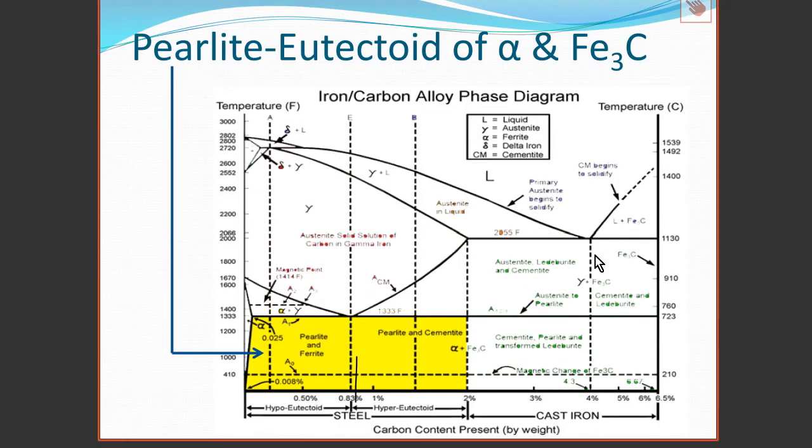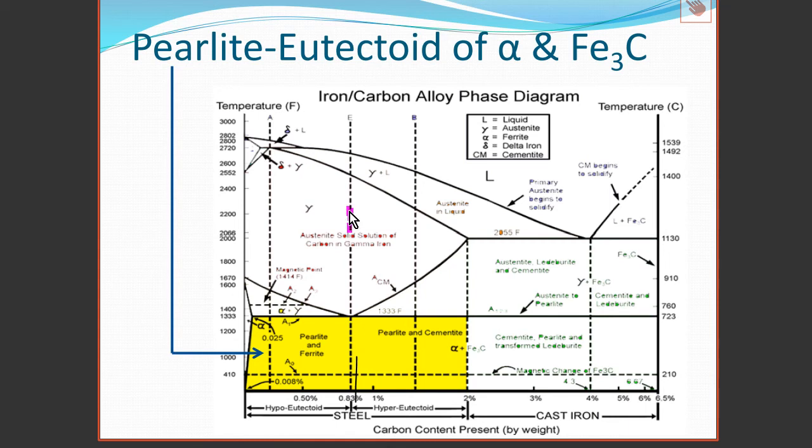Now, let's figure out what happens at this eutectoid that we see in the iron-carbon phase diagram. So here's the austenite phase field. Let's consider I have a piece of steel at the eutectoid composition, which is about 0.83%.